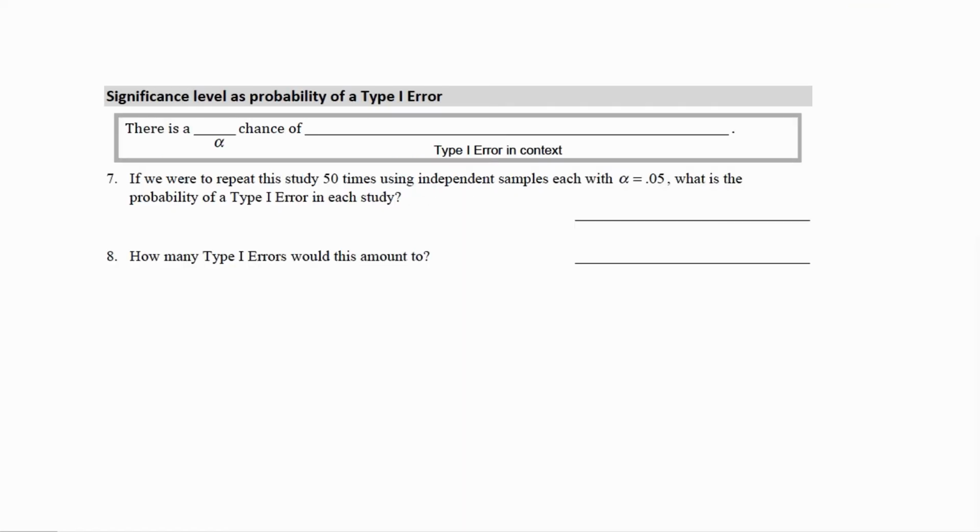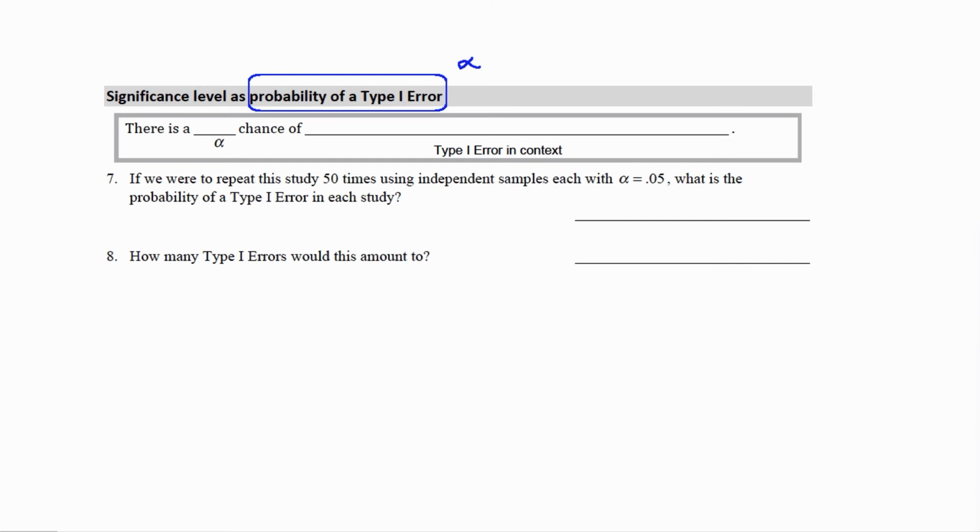Another way to think about what the significance level alpha means is it is the probability of making a type 1 error. So that value alpha that we use as a cutoff for where we say the p-value comes out to be less than alpha, now that we've established the language of type 1 and type 2 errors, is the probability of making a type 1 error using this rule, where the rule is determined by alpha.